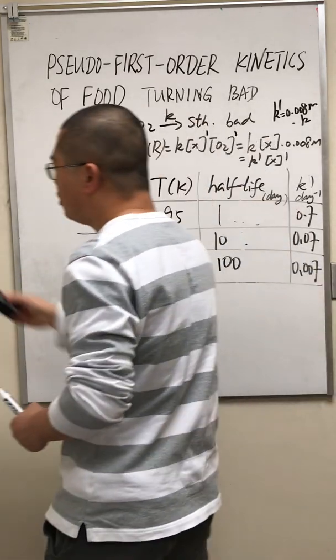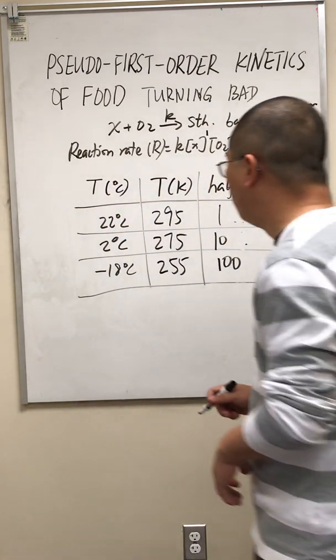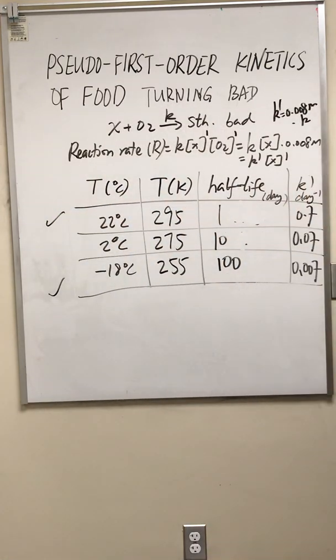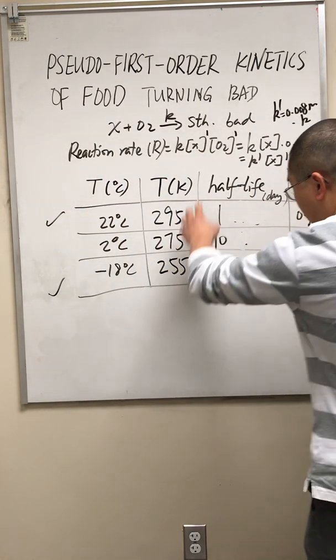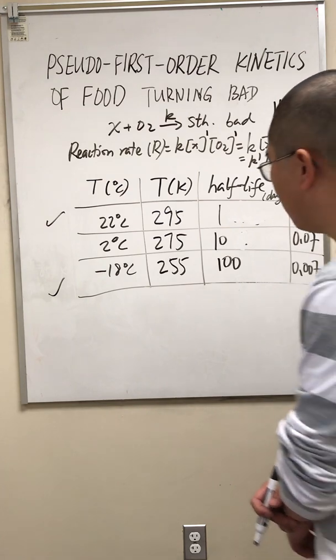I need to just pick 2 data points. It's more difficult to pick 3 data points and do the calculation. I'm going to pick these 2. There's a wider temperature range here. And what I would do is, again, start with the Arrhenius equation.